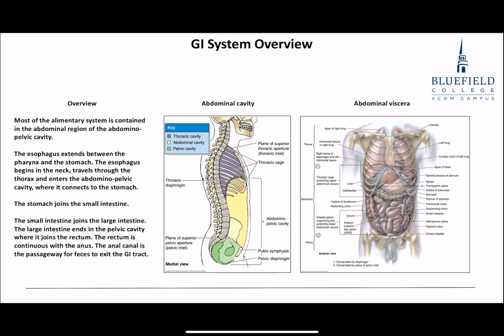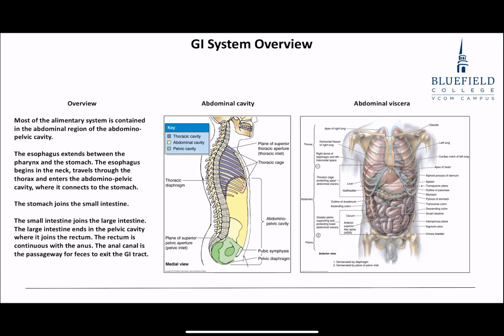Then it disappears, but it continues as a descending part, and is going to run down here on the left side and join with something called the sigmoid colon, which becomes continuous with the rectum, which is down in the pelvic portion of the abdominopelvic cavity. And then the rectum is going to join with the anus. And then the anal canal is like the outlet.